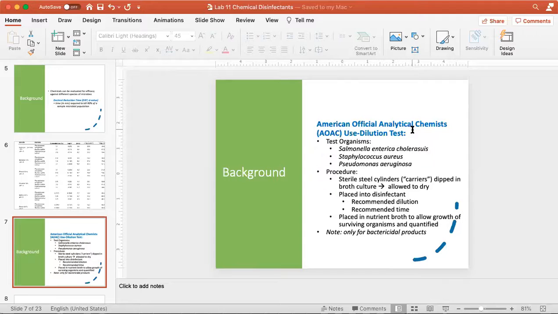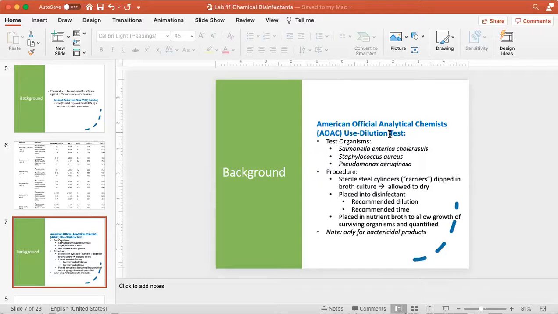Now, they tend to use, again, 3 different organisms for this test, but they're different from the ones you saw in that table. Pseudomonas is still here. Pseudomonas aeruginosa, that one can be a tough one to kill. Staphylococcus aureus is still here. But we also have Salmonella on the list.